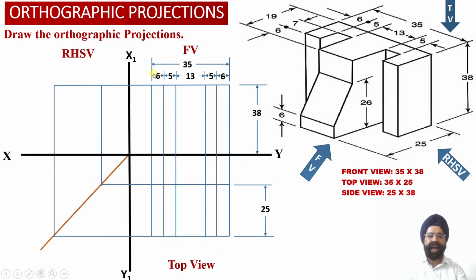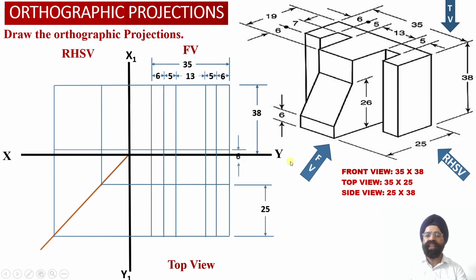So now we have marked the width of different elements into the front view projections, and four vertical projector lines we have obtained into the front view projections. These four vertical projector lines we have appropriately transferred or extended into the top view projections as well.